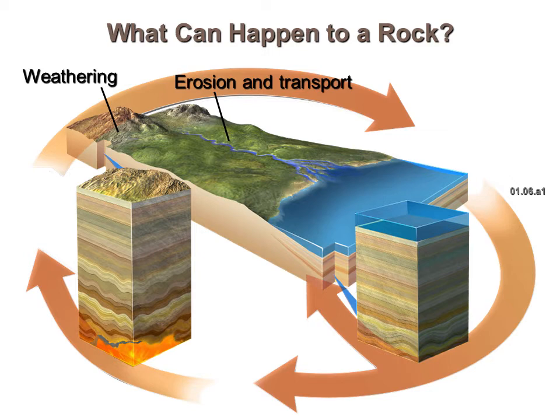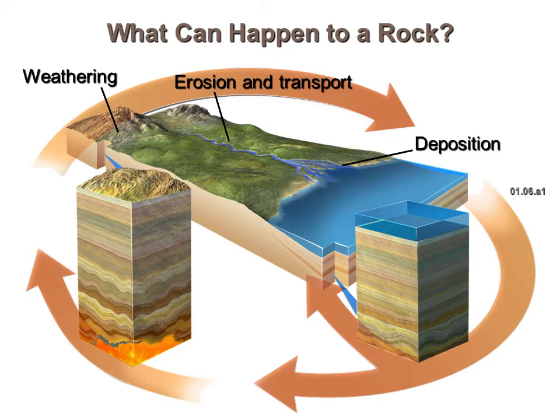Erosion strips away loosened pieces of rock and transports them via gravity, glaciers, flowing water, or wind. So the erosion is taking those little bits that have been broken apart and moving them somewhere else, transporting them downstream, working their way from a higher elevation to a lower elevation.